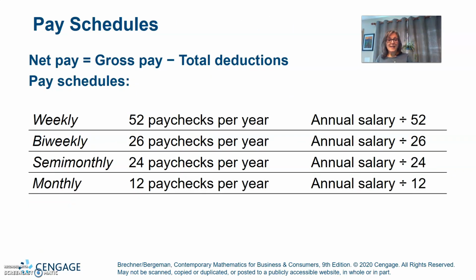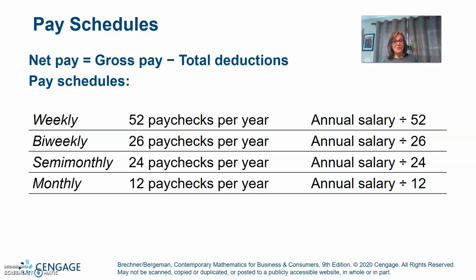Okay, so a pay schedule has to do with the number of weeks in a year. Our net pay is our gross pay minus any deductions, which we just talked about on the previous slide. A pay schedule can have a varying layout, and all companies and all different types of lines of work have different pay periods.